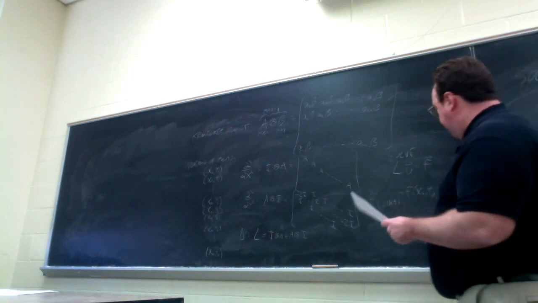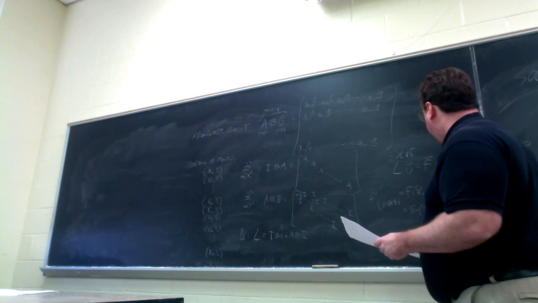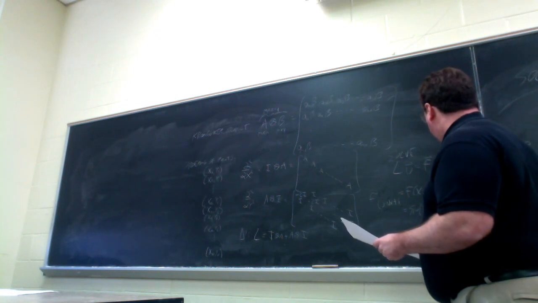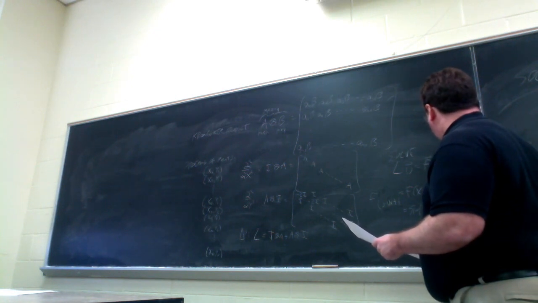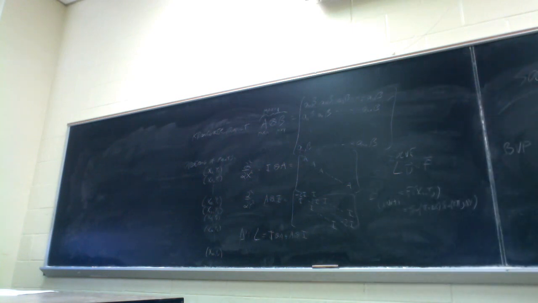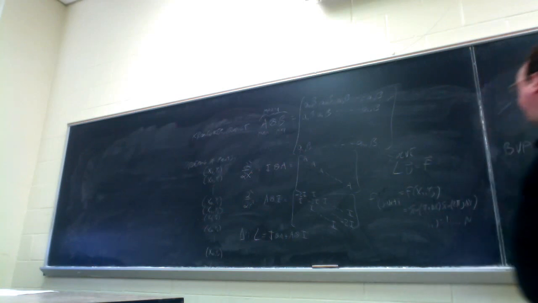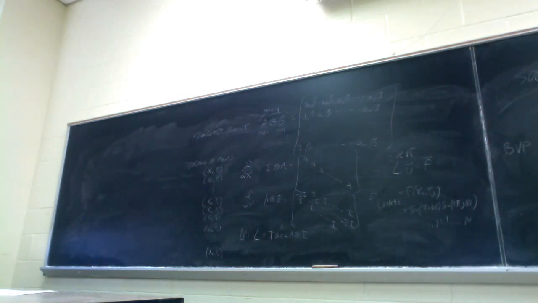So in this case, that would be sine of pi i delta x times sine of 2 pi j delta y for all i, j from 1 to n. Okay, so things like this we'll be doing in one part of one homework problem.